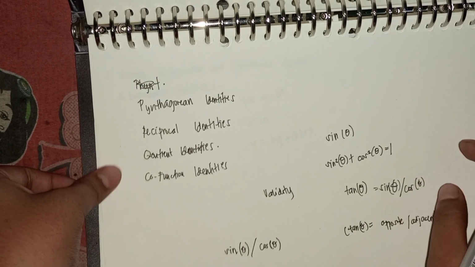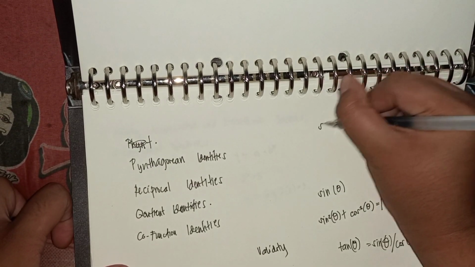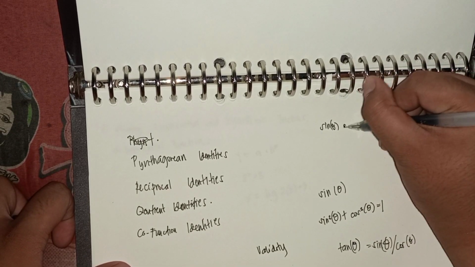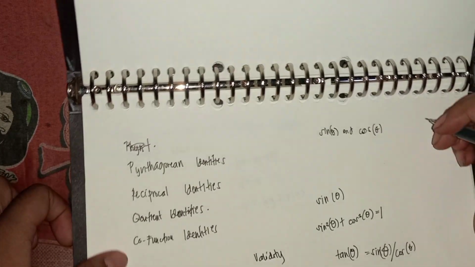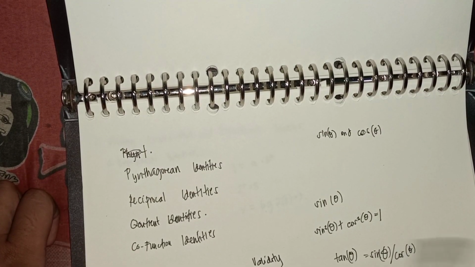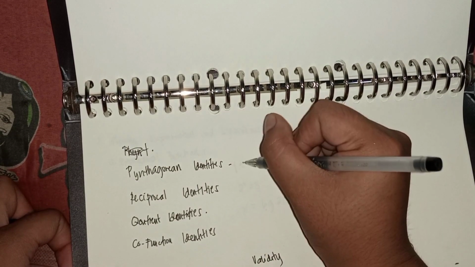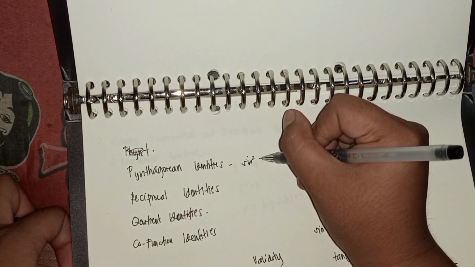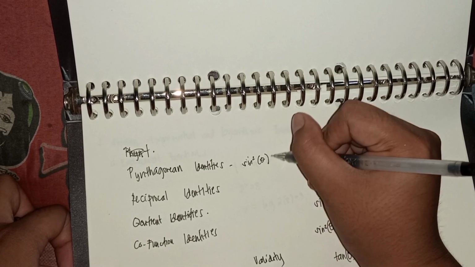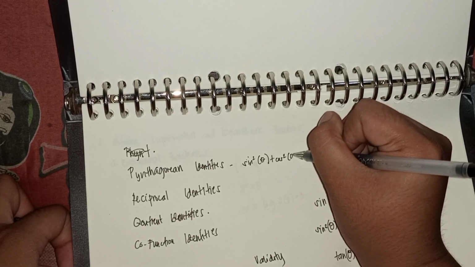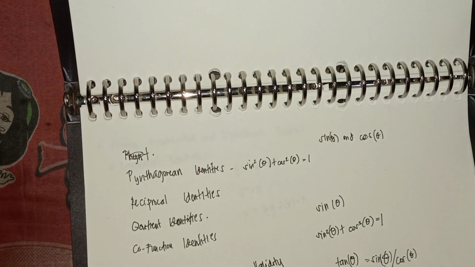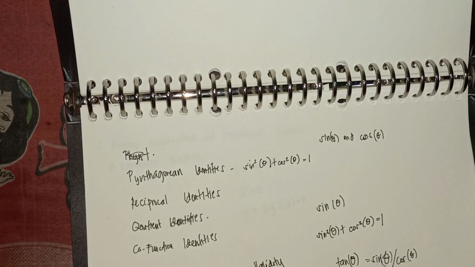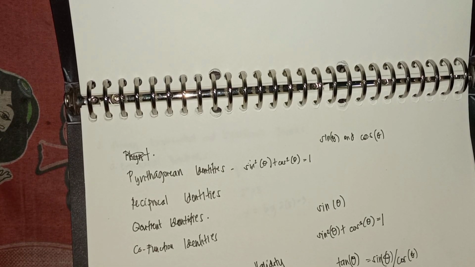For example, if I have an equation involving sine theta and cosine theta, I can use the Pythagorean identity, sine squared theta plus cosine squared theta is equal to 1, to express one function in terms of the other. This can be useful when you need to find the value of a trigonometric function given the value of another function or angle.